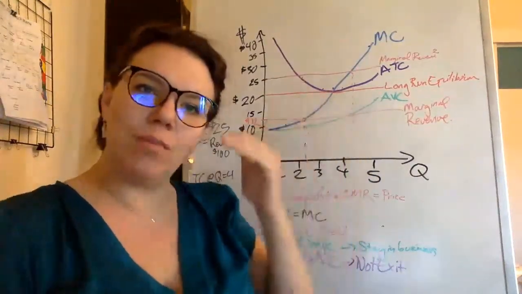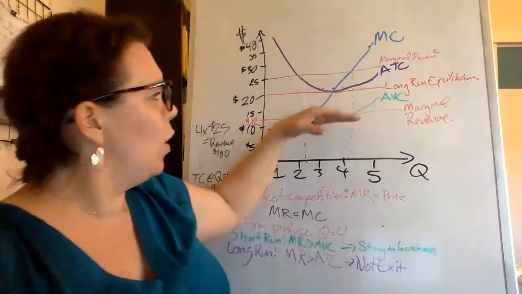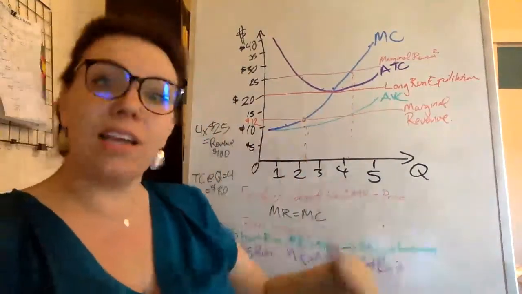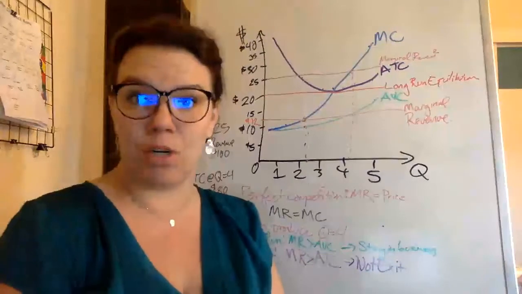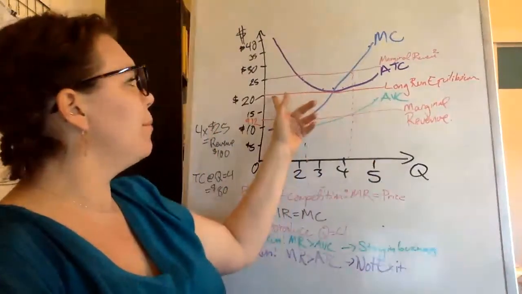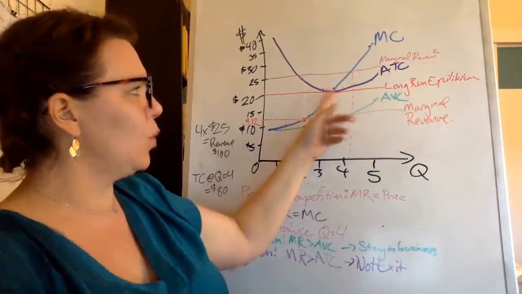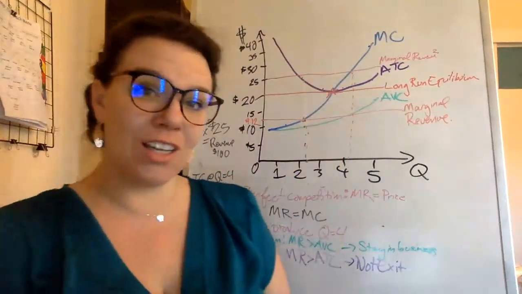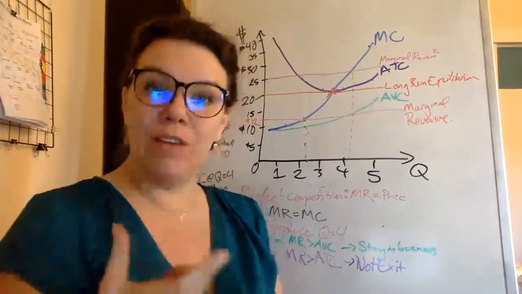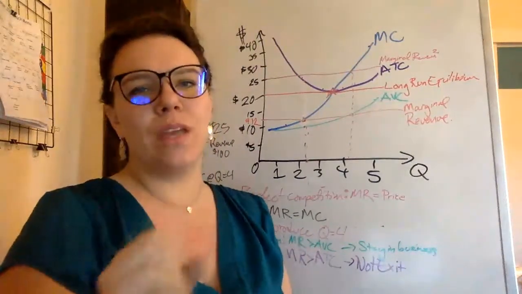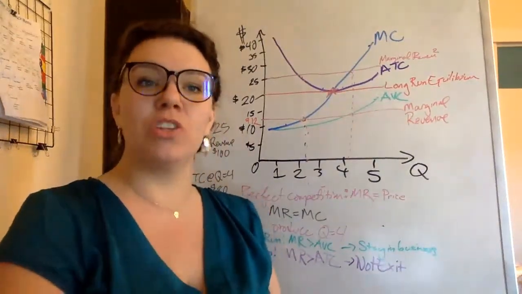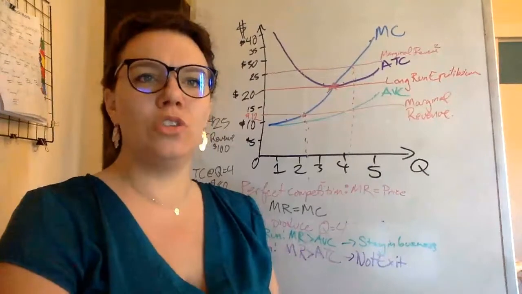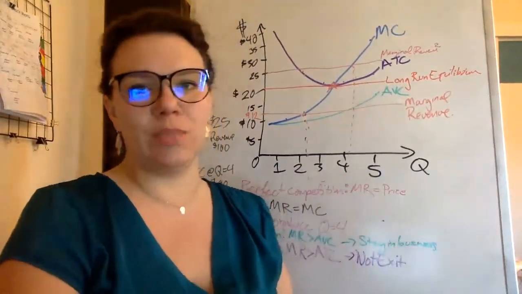And eat away at the profits. If prices are too low, firms are going to say, holy smokes, I can't stay in business, and exit the market. And so it's only when price is perfectly equal to marginal cost, average total cost, and marginal revenue, when they're all the same, that we're in long run equilibrium, when there's no incentive to increase or decrease production.